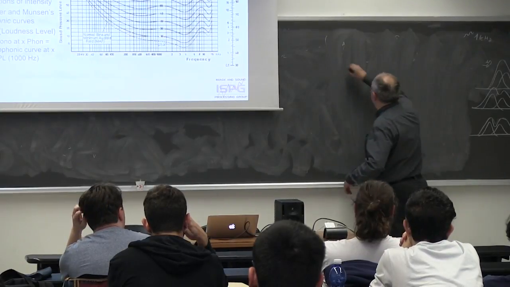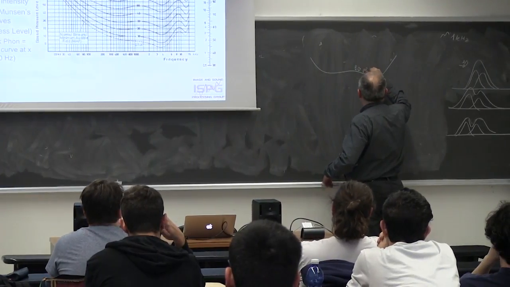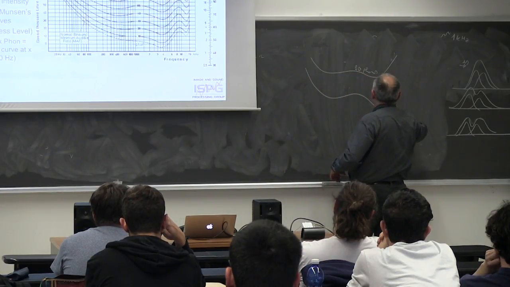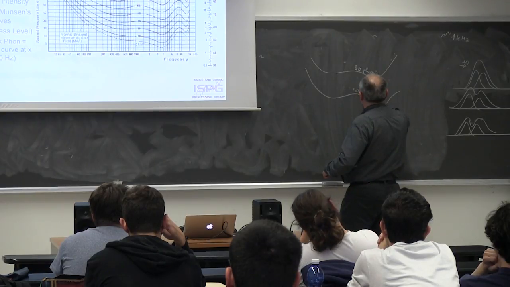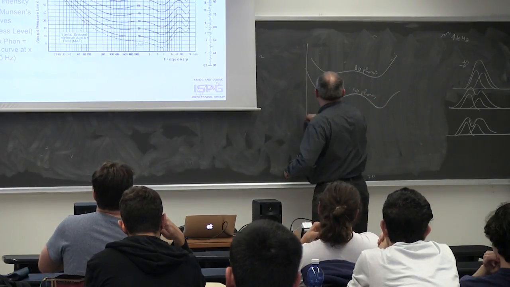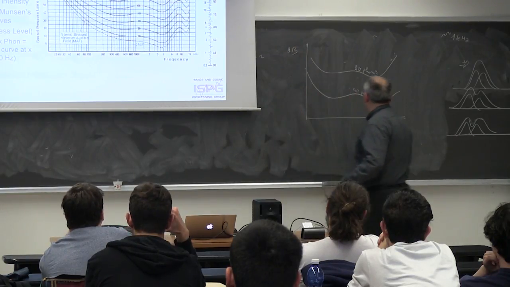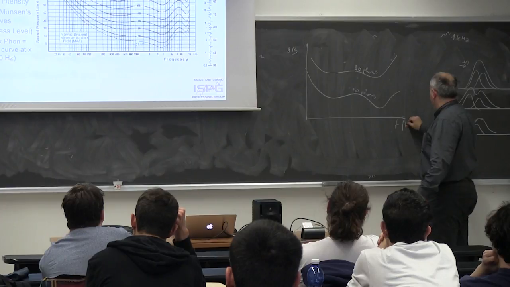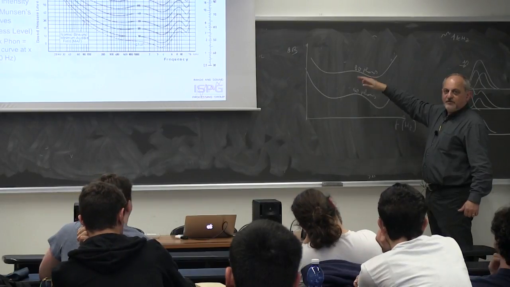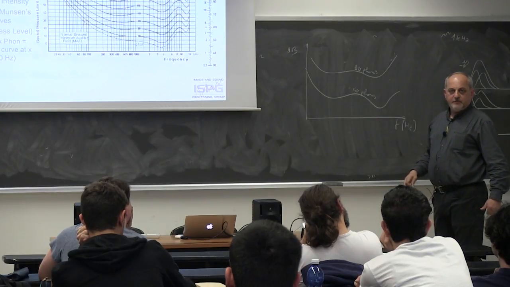So you have to take the curve at 80 phones, and then you take the curve at 50 phones, and now you're listening to what you recorded this way. So you have to take the difference between the two curves, right?